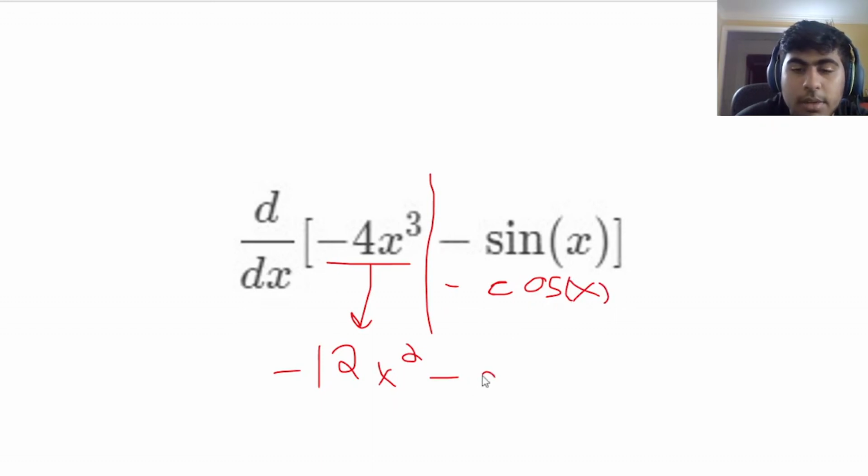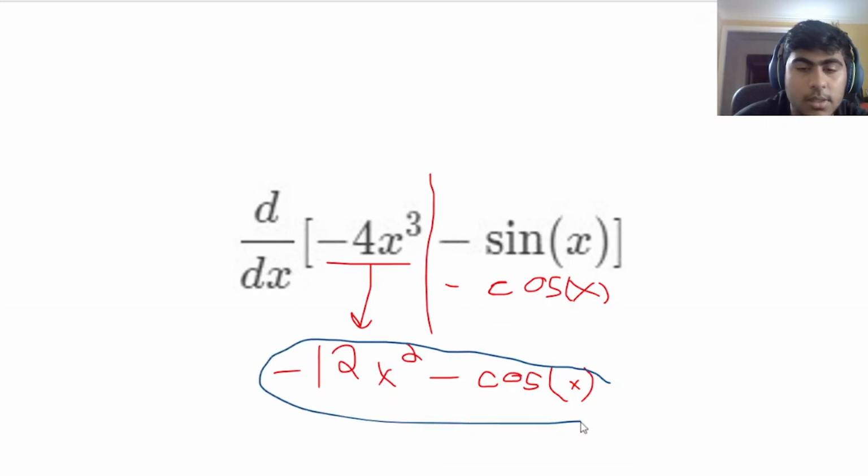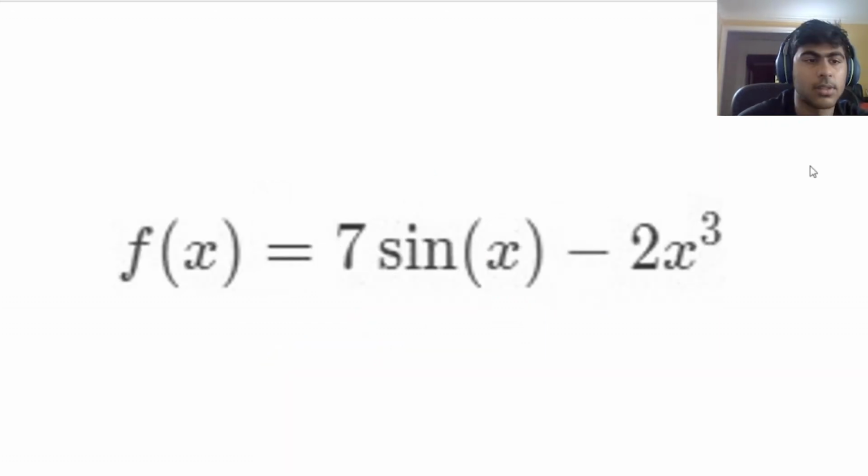That's going to be negative 12x squared minus the cosine of x. And that is our answer to that question. All right. Next question.